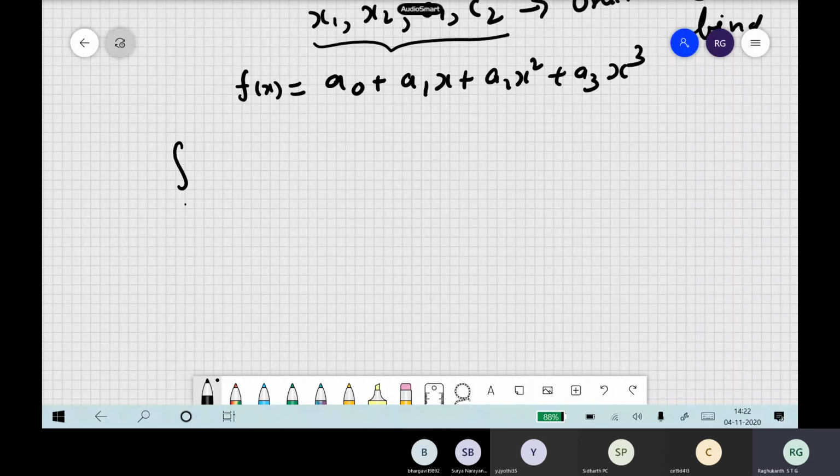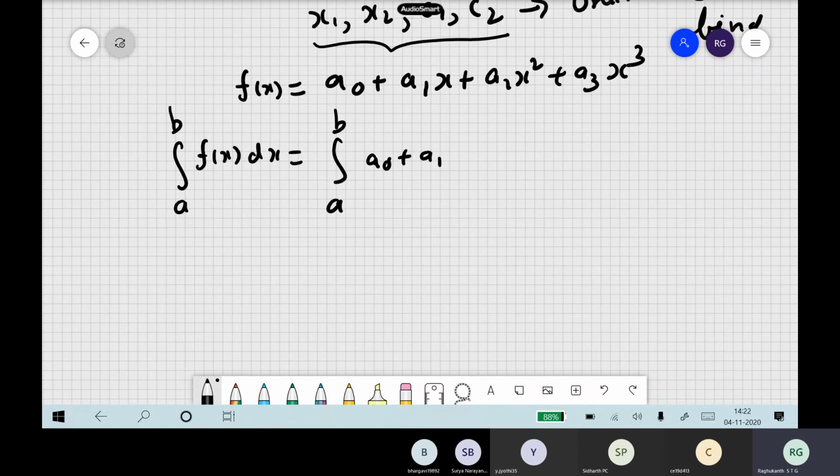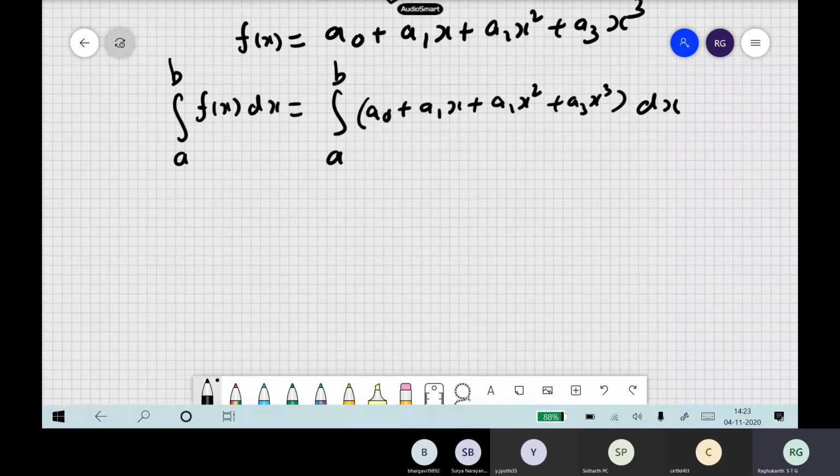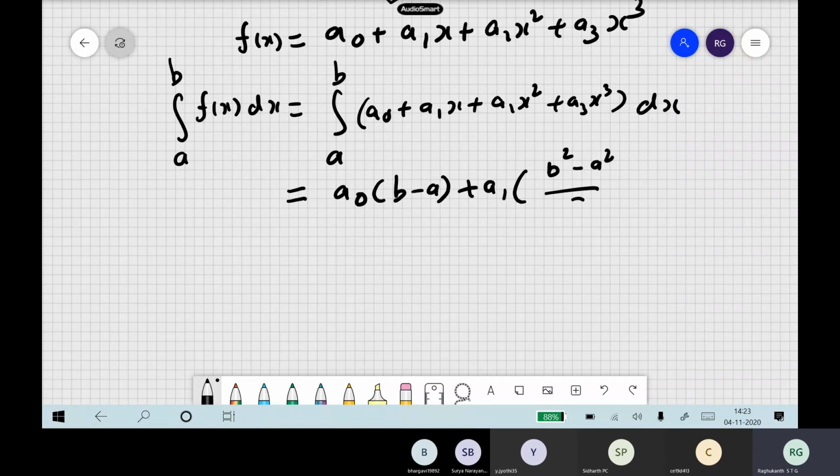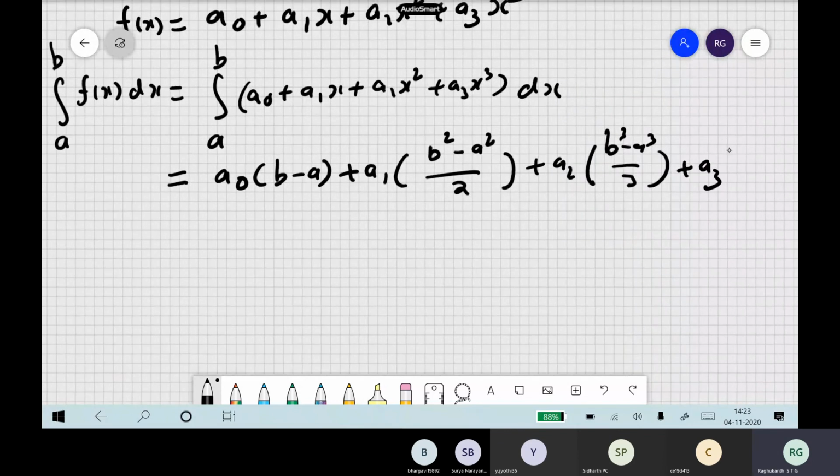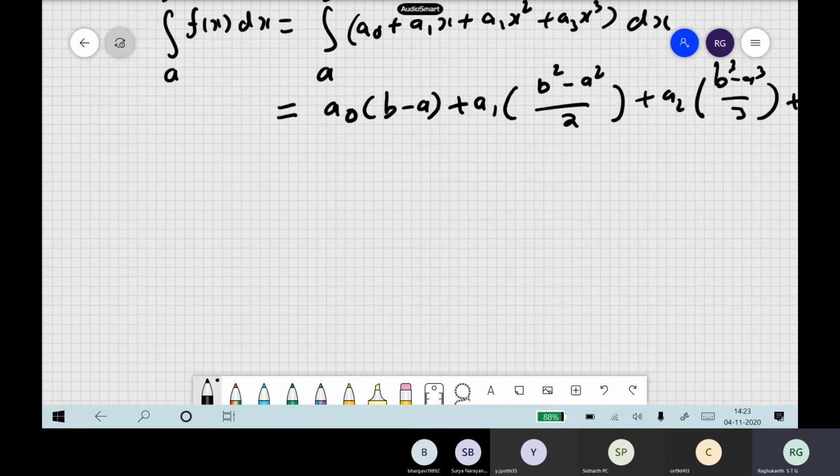So integrate from a to b of a0 plus a1 x plus a2 x square plus a3 x cube dx. You get a0 into b minus a, plus a1 into b square minus a square by 2, plus a2 into b cube minus a cube by 3, plus a3 into b to the power of 4 minus a to the power of 4 by 4. This is the exact solution.